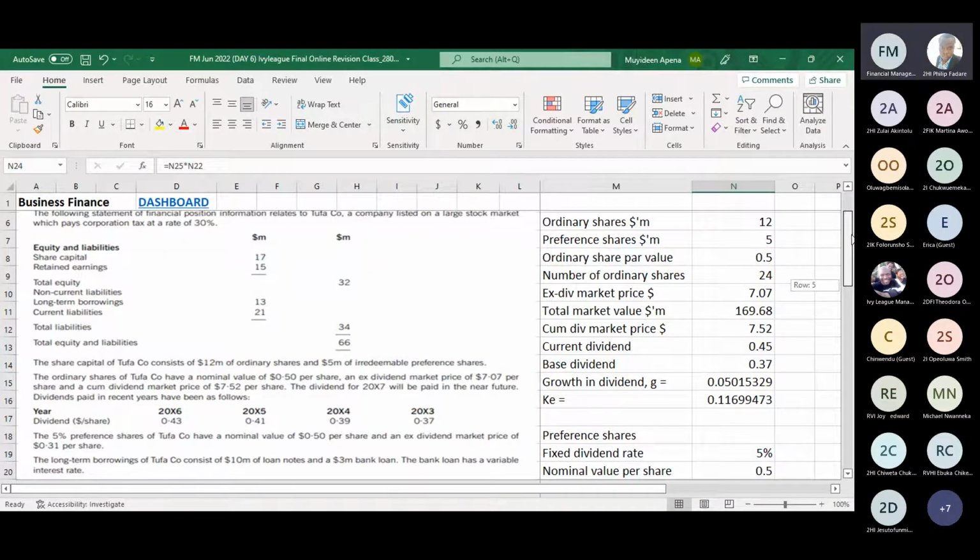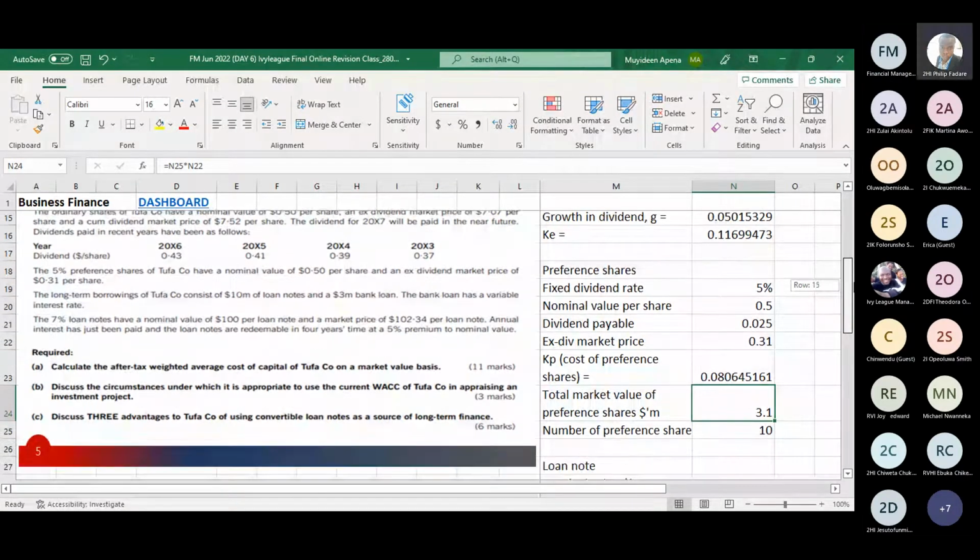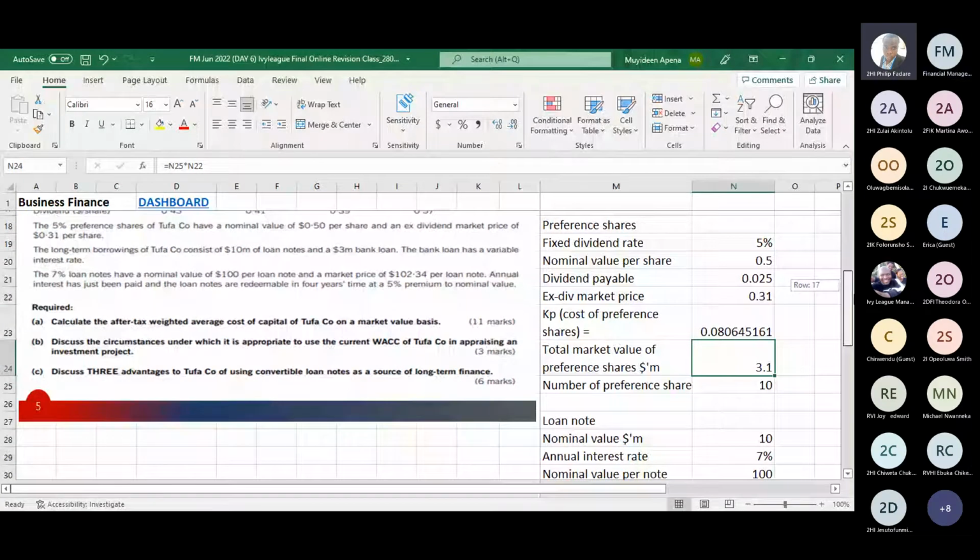Under non-current liabilities, isn't it? Yes. But they are not of the same feature. Preference shares is not of the same feature with loan notes and bank loan. It's only those two categories that are of the same feature. So that's why we can't use that of preference shares. You get? Yes, sir. Thank you.